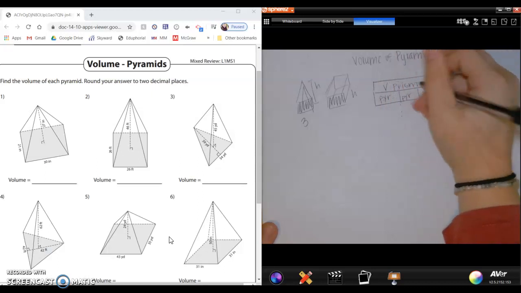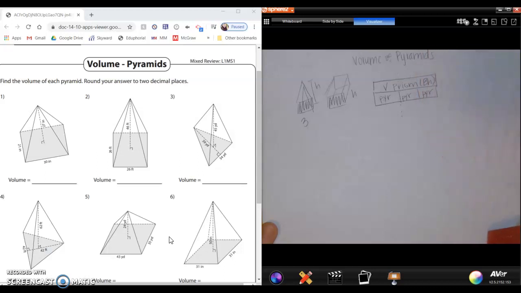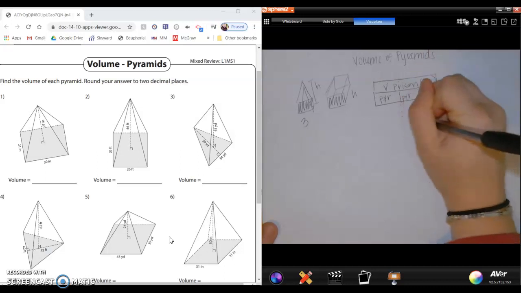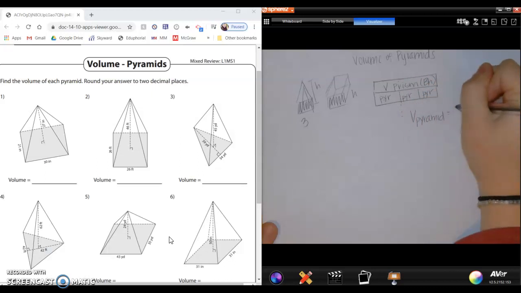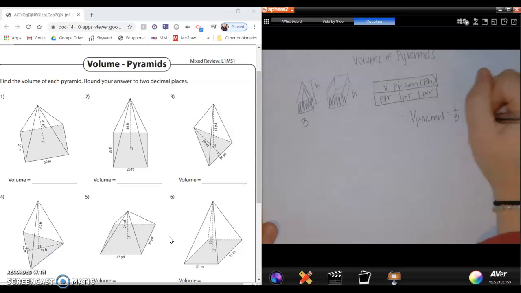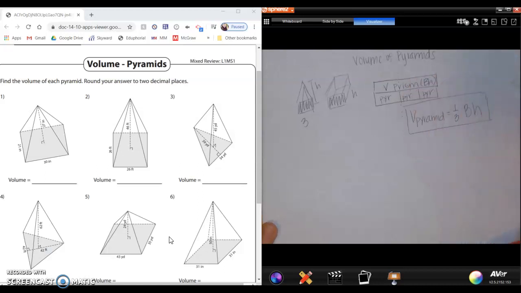Well, I know we find volume of a prism by area of the base times the height. So then to find the volume of a pyramid, we would just take 1/3 of the area of the base multiplied by the height. So that is where we get the formula for our volume of a pyramid.